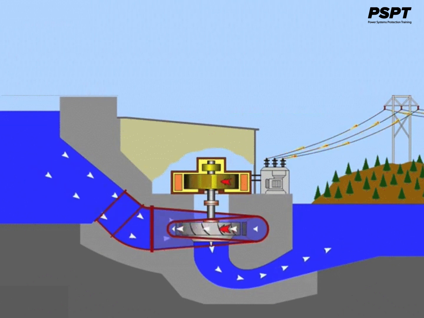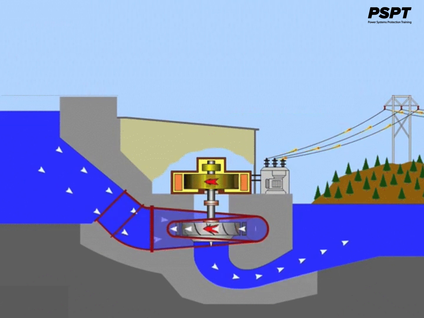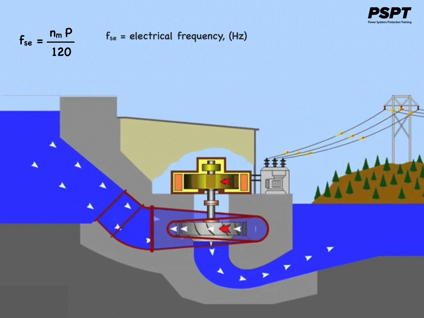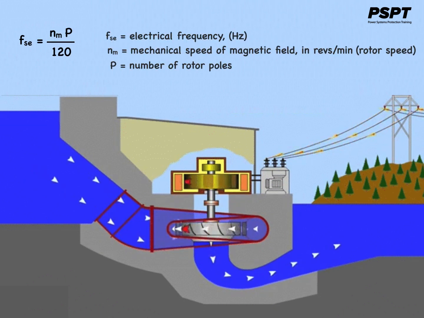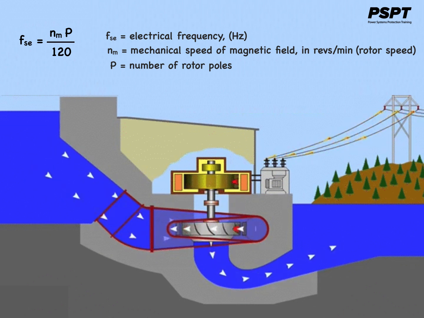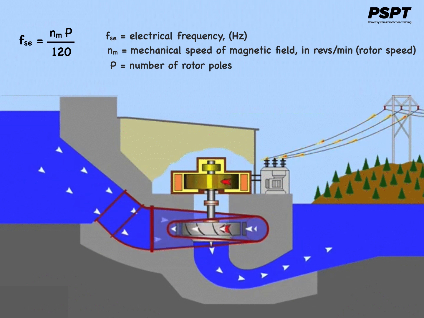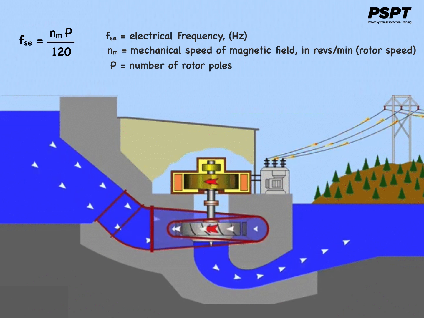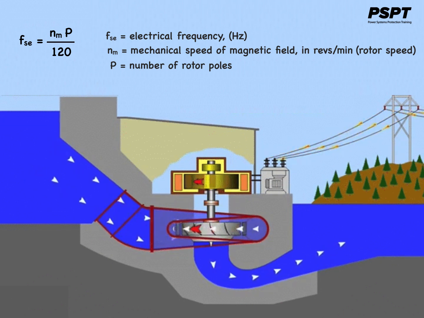Now, the rate of rotation of the magnetic field in the machine is related to the stator electrical frequency by the equation f_se = n_m P / 120, where f_se is the electrical frequency in hertz, n_m is the mechanical speed of the magnetic field in revs per minute, or rotor speed, and P is the number of rotor poles.